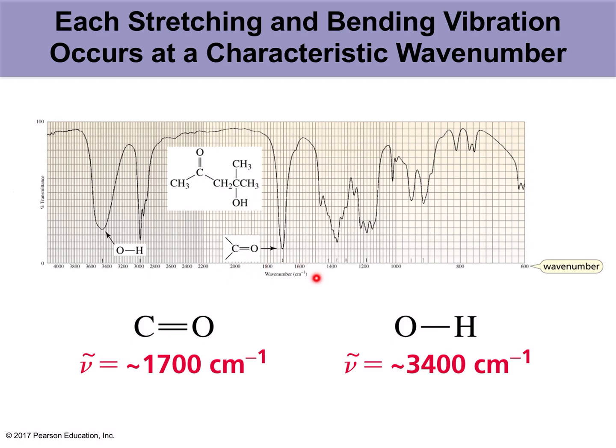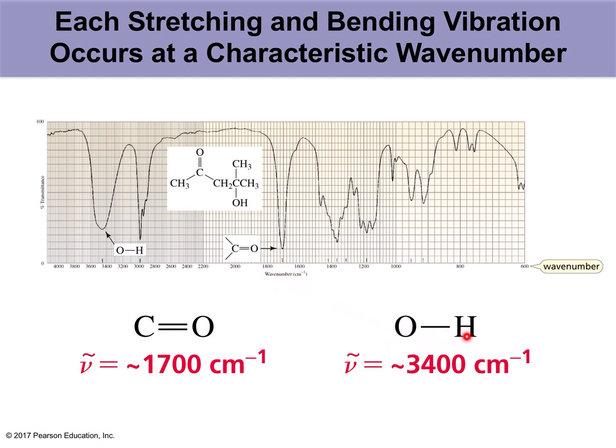You may have already seen this from your organic chemistry 1 when we did IR for some of your compounds. Yes, we did. So carbon oxygen bond is 1700. You see here, that is wave number around 1700.